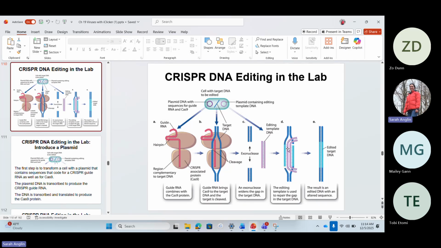So these complementary DNA strands are used in order to fill in that gap with the correct sequence, or the sequence that they would like to see in that genome. Okay. And it results in an edited DNA strand with an altered sequence.